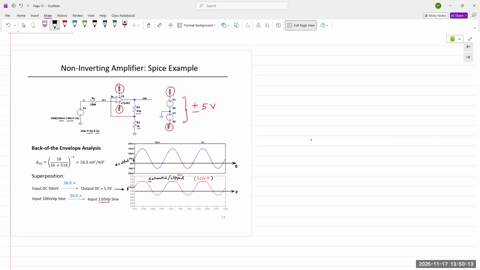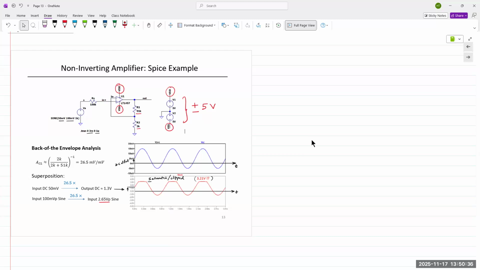So the rest of the voltage is dropping inside the op amp. The DC power supply is not sufficient to amplify the signal because you're only applying plus minus 5 volts with a gain of 26.5, right? So you have a very small signal, you're amplifying it, but the container to fit that is far smaller.